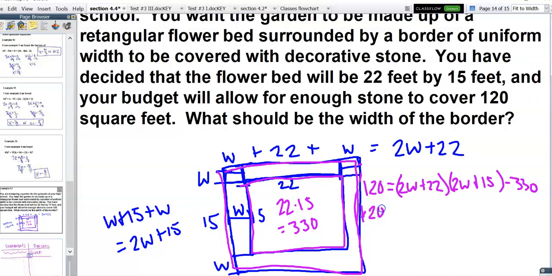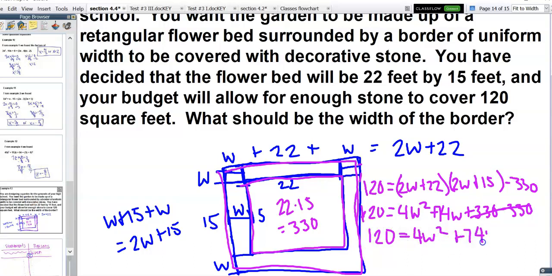When we factor it out, we should have that 120 equals 4w squared plus 74w plus 330, and then minus 330. So we have plus and minus 330. These are going to cancel. So 120 equals 4w squared plus 74w.